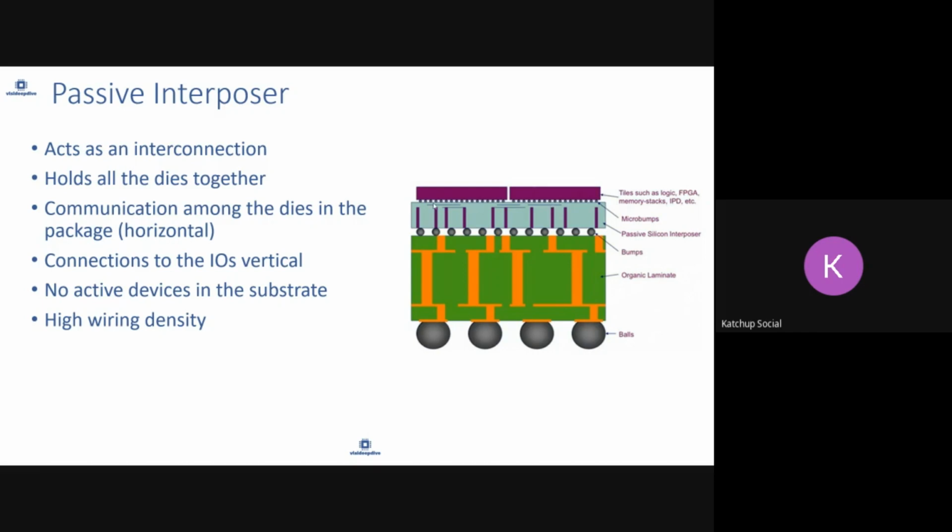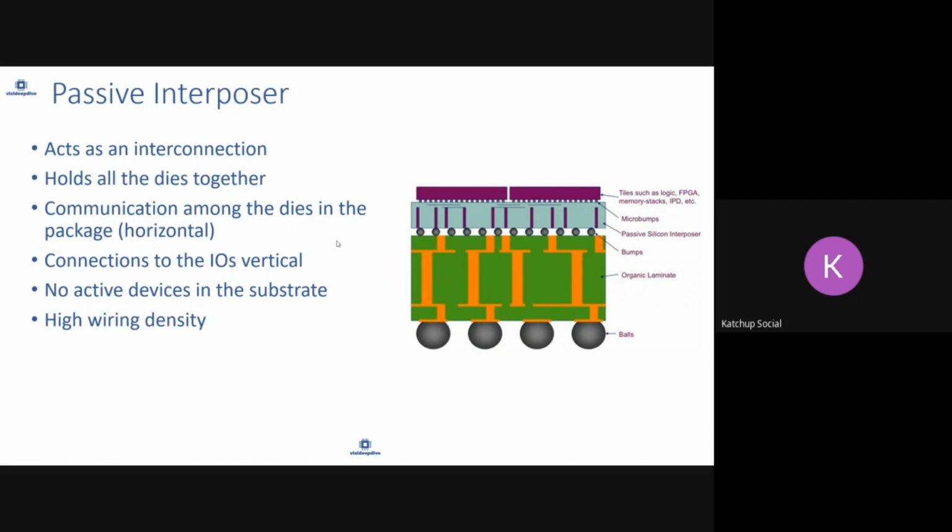It is just used for vertical and horizontal connectivity, with no microelectronic parts within the interposer itself. Because it is just used for connectivity, you can have higher wire density. A lot of wires can be connected without worrying about microelectronic devices. So in a passive interposer, it's used for both horizontal and vertical connectivity, and the vertical connectivity is done through silicon wires. There is no active device in the substrate, so you get a very high wiring density.